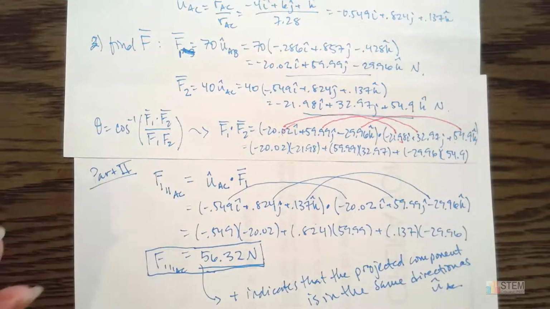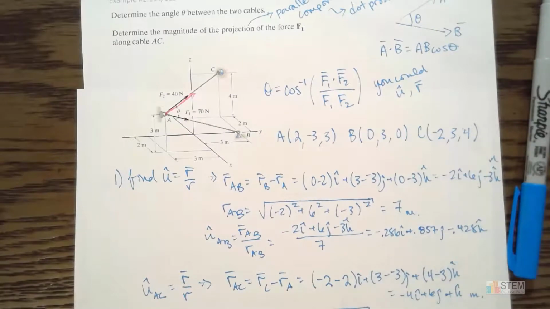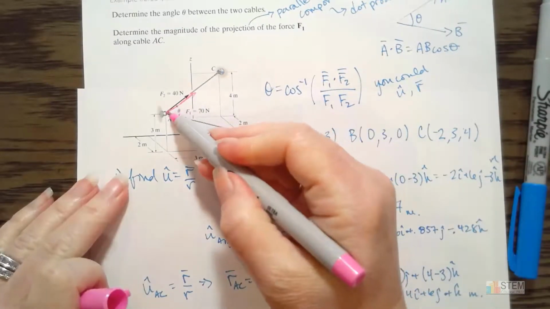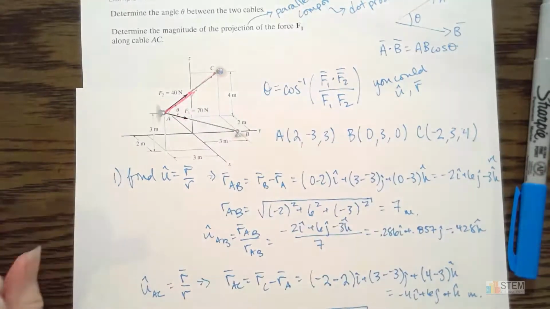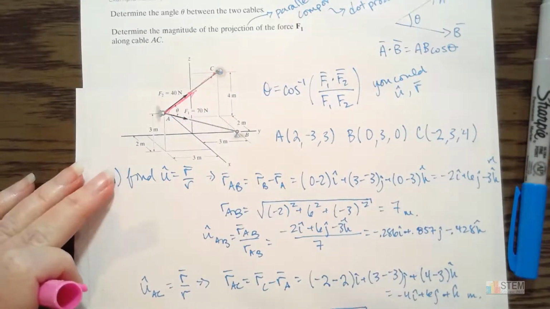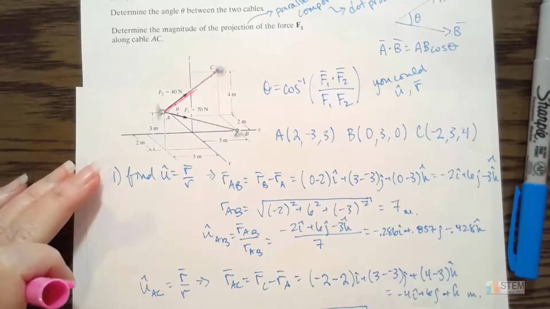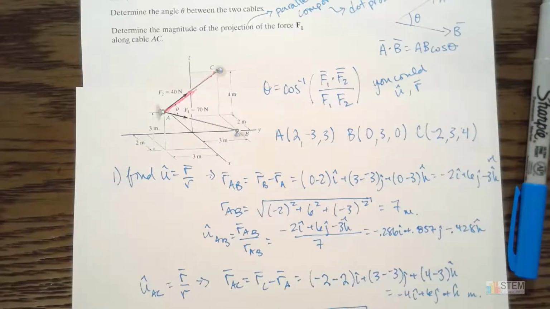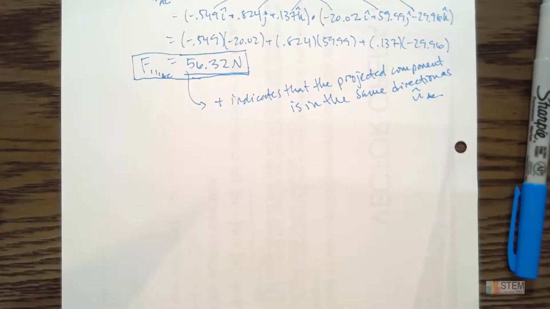And we could see that by looking at the picture, right? So if I'm finding this parallel component right here, like we drew in the pink, it's going in the same direction as that line from A to C, okay? Because our unit vector, when we calculated UAC, we said we were going from A to C, all right? And that's how you would find the projected component. So remember, a projected component is just the parallel component. That's all it's wanting. Okay, and we can find that using the dot product.